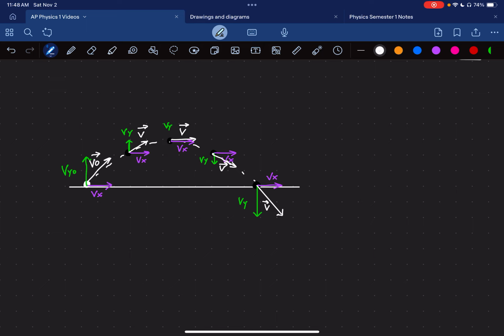The vertical velocity is 0 at the highest point in the trajectory, the maximum height. And so the velocity vector is equal to Vx in that case, but otherwise it's different at these other locations. There's a bit of symmetry to this.